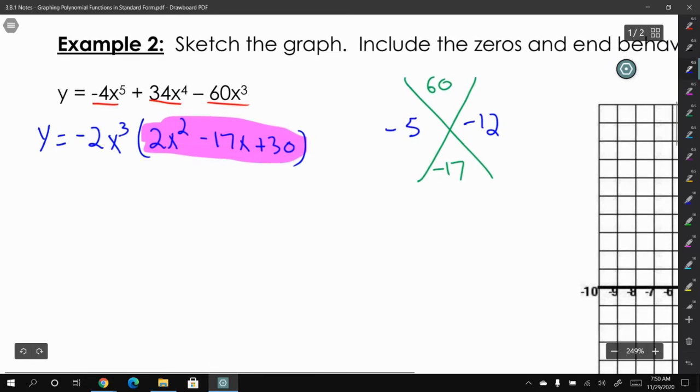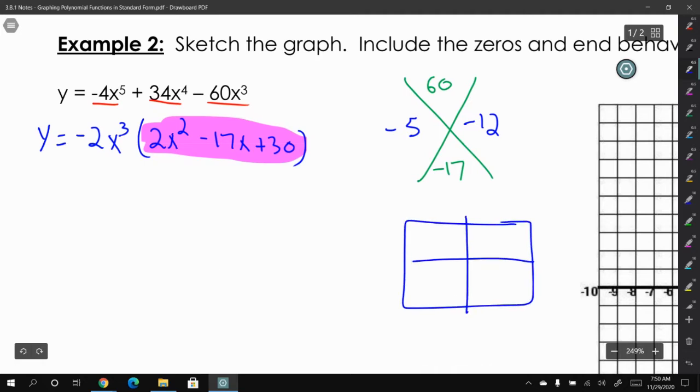And since our a value was not 1, we have to do our box. In the upper left corner, we're going to have 2x squared. In the lower right corner, we're going to have 30. And then it won't matter where we put -5x and -12x.